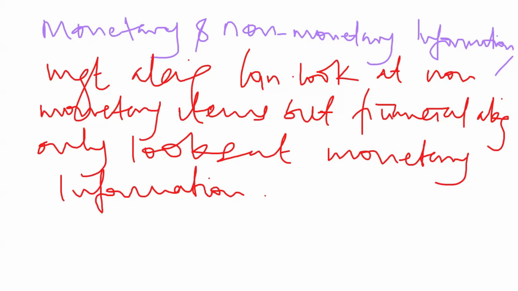But there is some note. We need to be careful with this, because we are seeing some recent developments. We are now starting to do something called environmental sustainability reports, environmental reports, climate change, climate finance, those kinds of aspects. So if they start incorporating those values, all those non-monetary, non-quantifiable items, then this difference may not actually make sense.